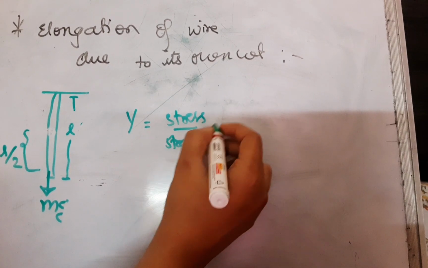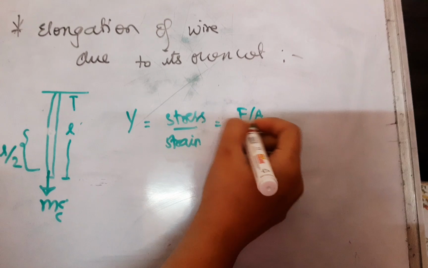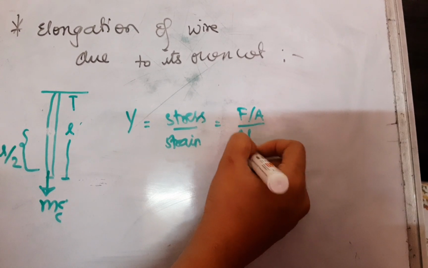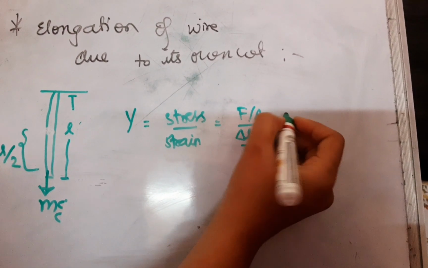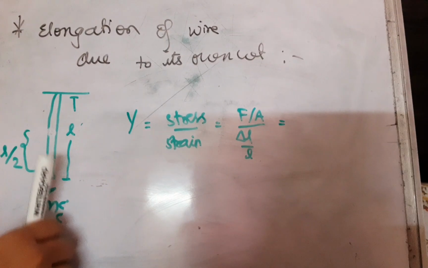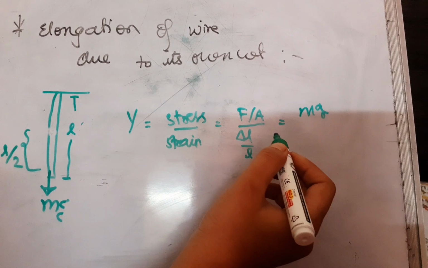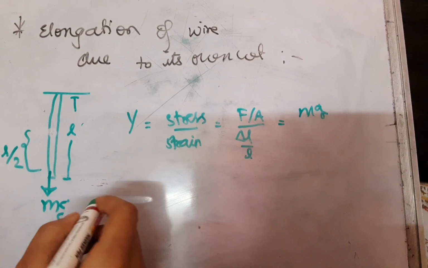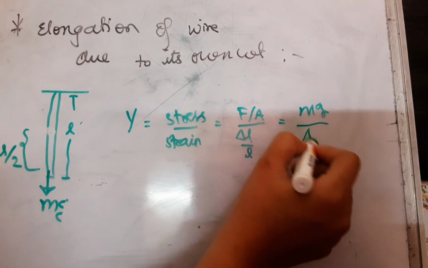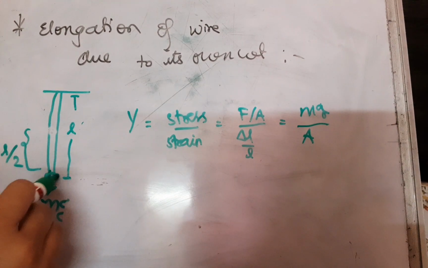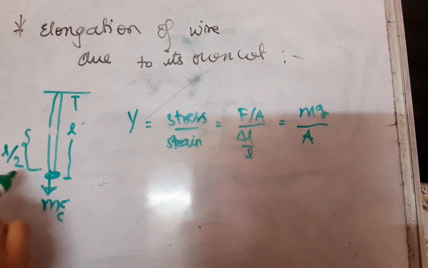Stress is nothing but force upon area, divided by change in length by original length. So force is the own weight, which is mg. What was area over here? You can consider it as A only, because it will be this circular area.